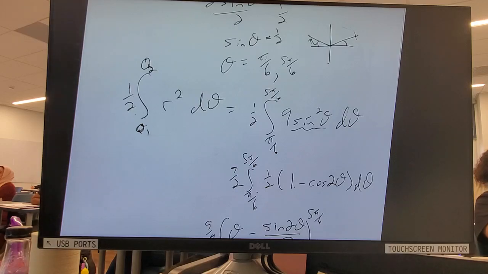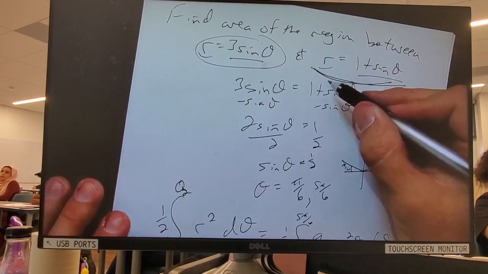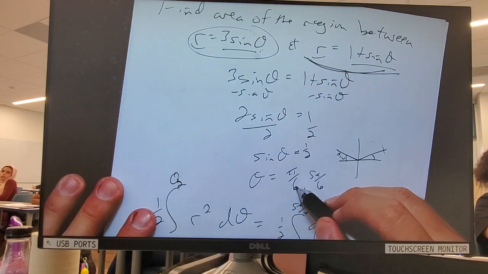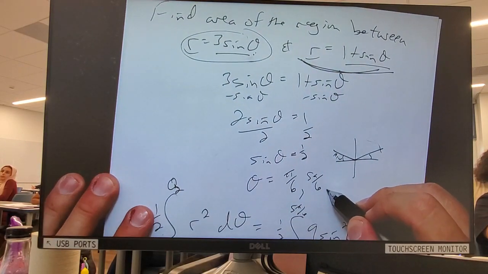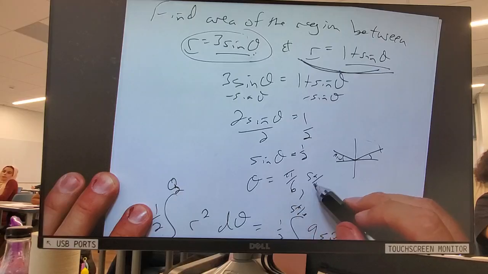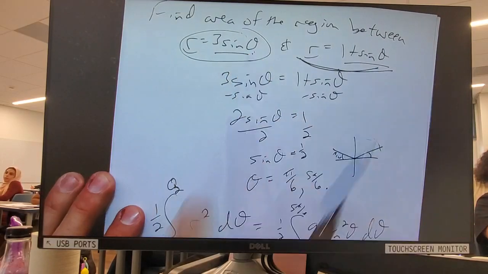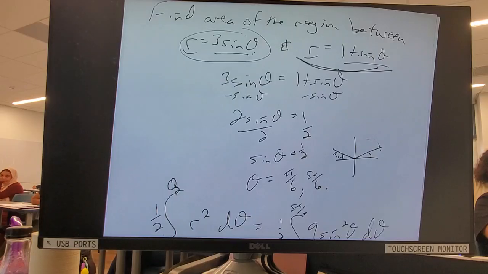The same way you did in 180. So real quick, we know these meet at pi over 6 and 5 pi over 6, yes? Do you all agree that pi over 2 is between those? If I plug in pi over 2, whichever one is bigger will be bigger the entire time. So that's how you always figure out which function is on top.